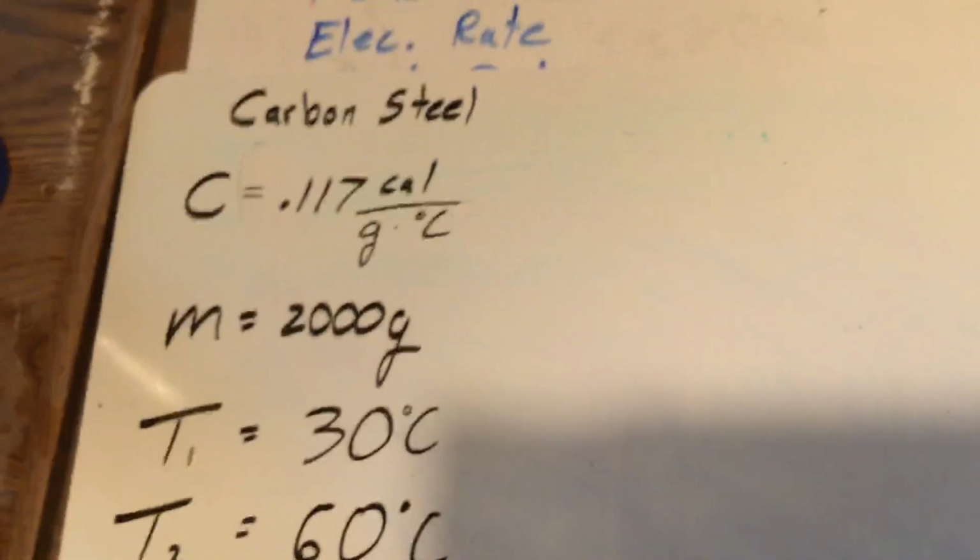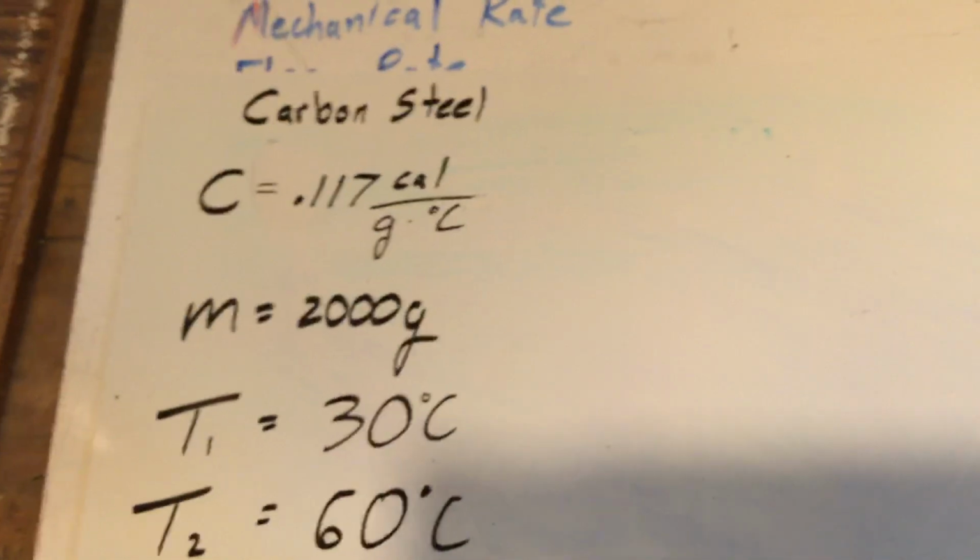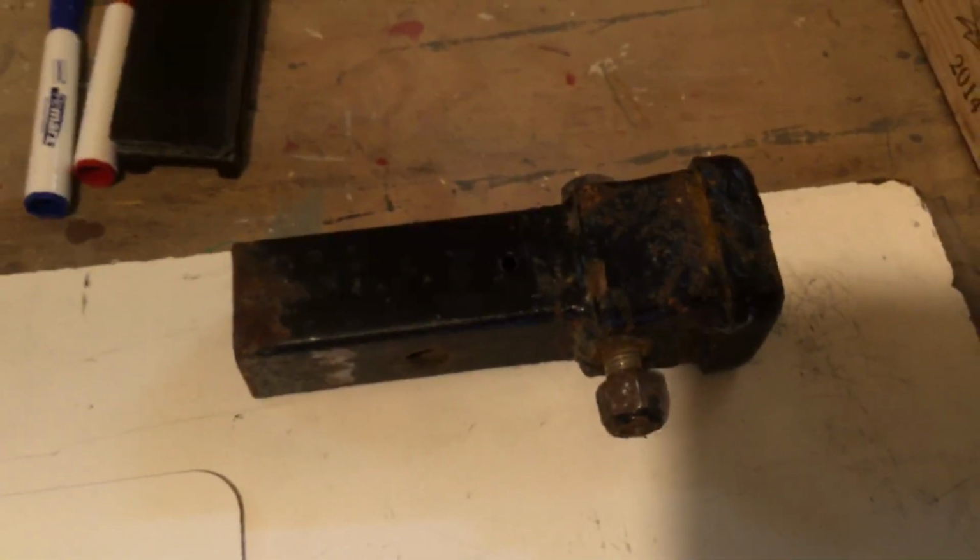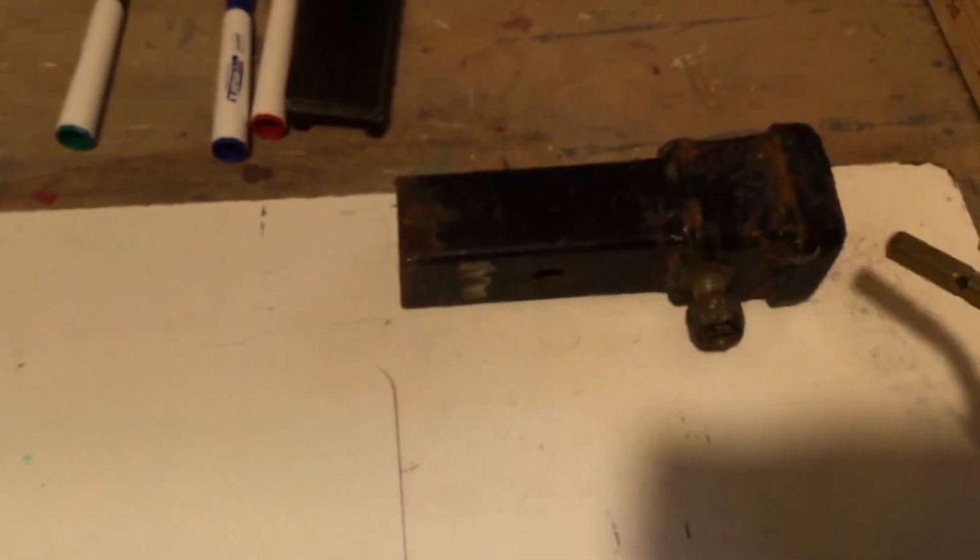All right. So I looked up some information about carbon steel. So if you had a piece of carbon steel, let's say here it is, just a chunk of steel that I found down in the basement here. And you were going to heat this up. I'm not really going to do it because I don't have any way to actually take the temperature of this when I'm done.